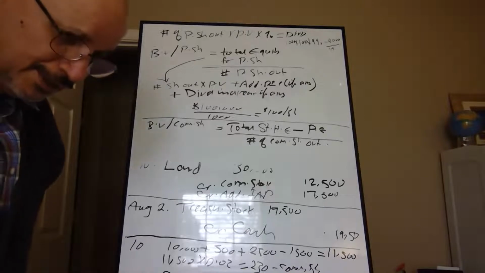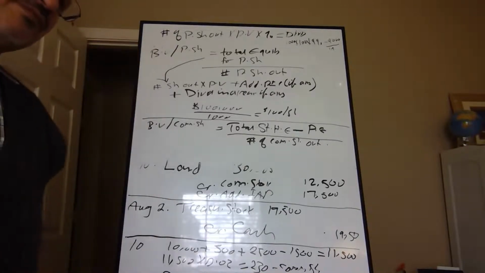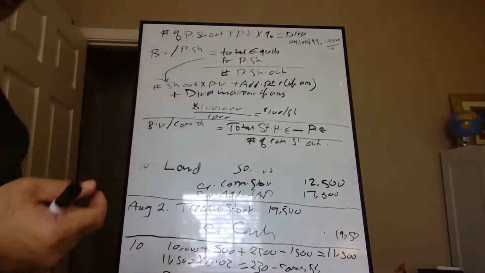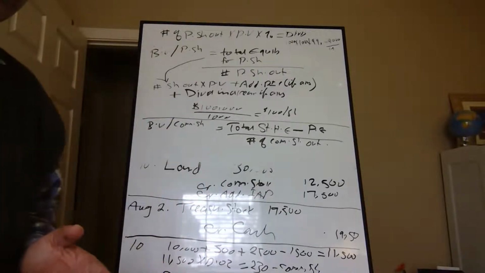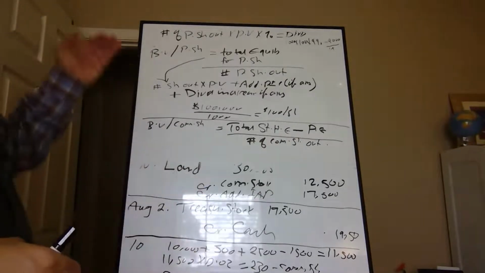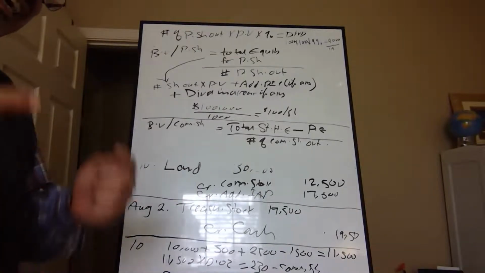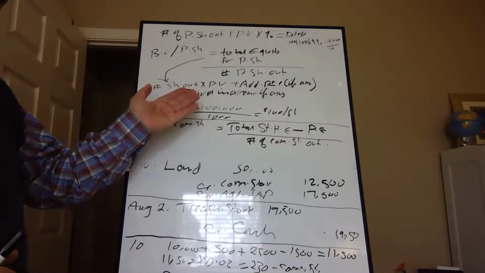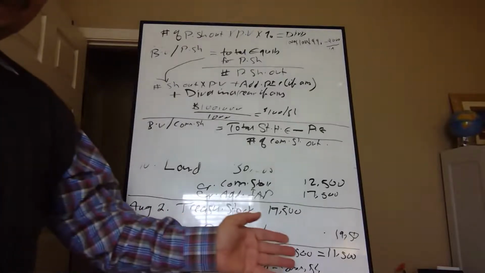So the total stockholders' equity will go down. But if we give stock dividends, we give shares of stock instead of cash, nothing actually is getting out of the corporation. We take it out of retained earnings and we put it in the contributed capital. Okay, when we give cash dividends, there is no effect on contributed capital.